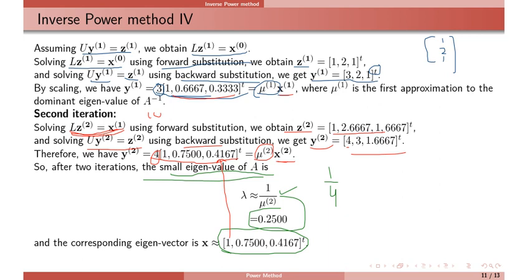If lambda is an eigenvalue of matrix A, then 1 by lambda is an eigenvalue of A inverse, and x is the eigenvector for both lambda and 1 by lambda. In that way you can apply the inverse power method to solve the system using LU factorization or Gauss elimination, or you can directly calculate A inverse with a calculator and apply the usual power method.